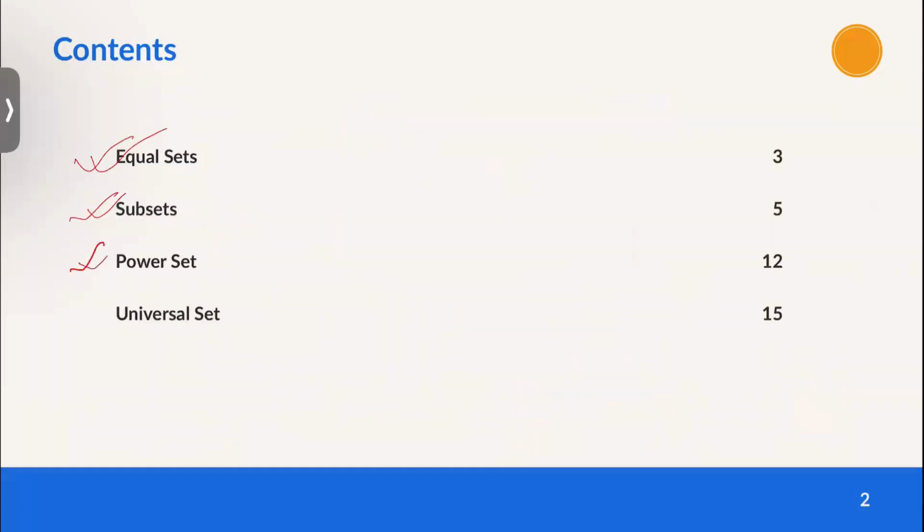Then we discussed power sets. What is a power set? The collection of all the subsets of a set is known as the power set. And the universal set is the collection of all possible elements in the sets. These are the three topics which we discussed in this lecture, and we did some problems.